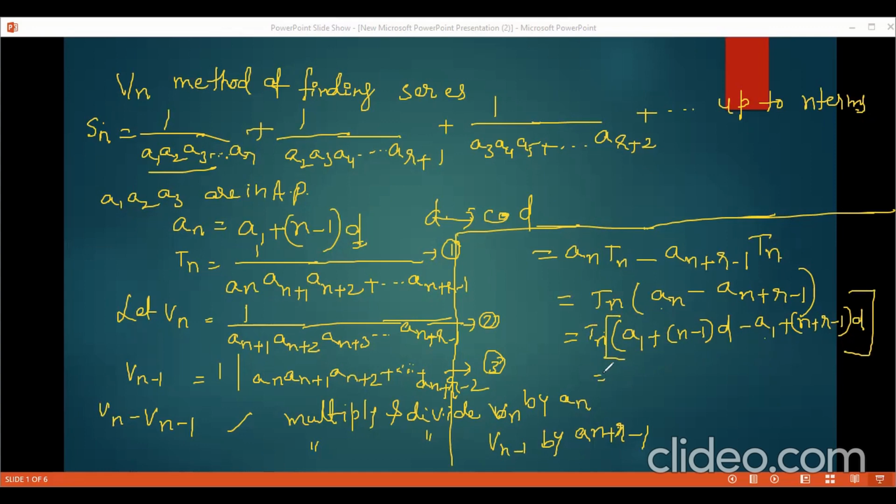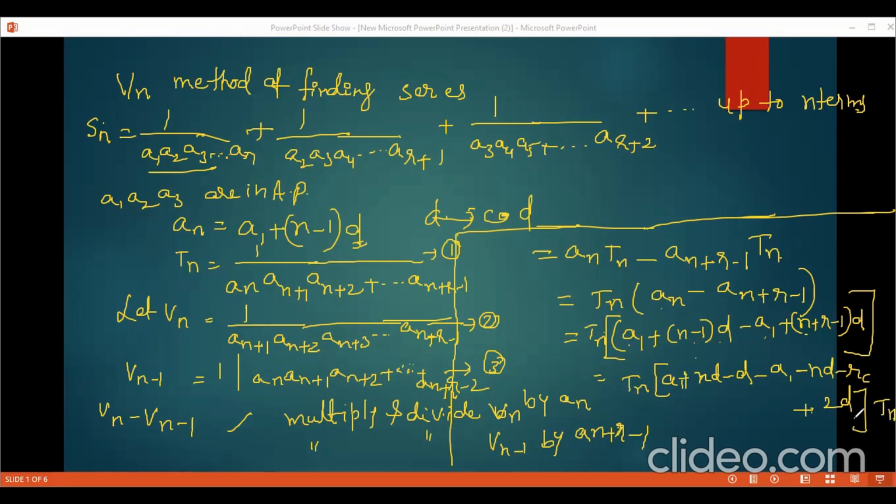This can be A1 plus nd minus d, minus A1 minus nd, minus rd plus 2d, into Tn.